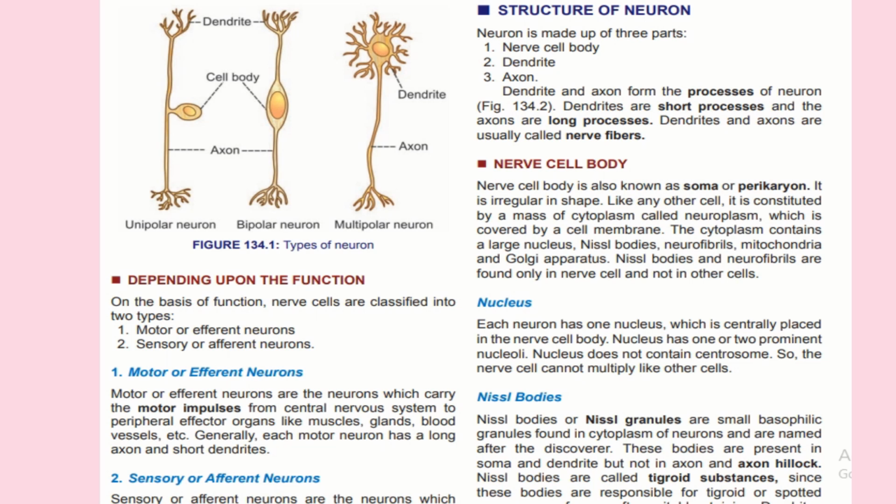You can see in figure 134.1 on the screen the types of neuron. They can be unipolar, bipolar or multipolar. The common thing in these is their cell body, axon and dendrite, which form the structure of the neuron. Axons are the longer process and dendrites are the shorter process as given in the diagram.